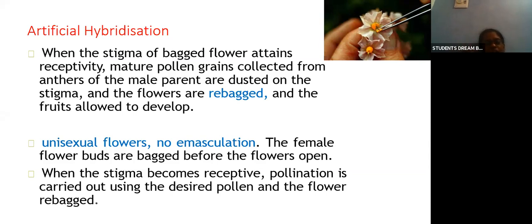After dusting, again to prevent contamination, it will be rebagged and covered. Then the fruits will be allowed to develop. So this is artificial hybridization.